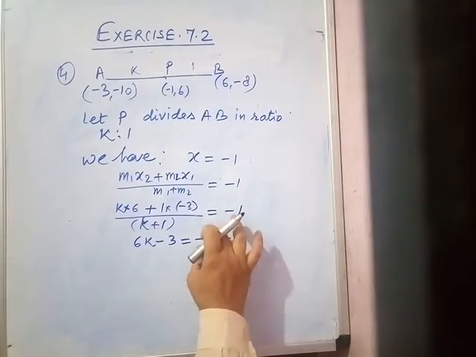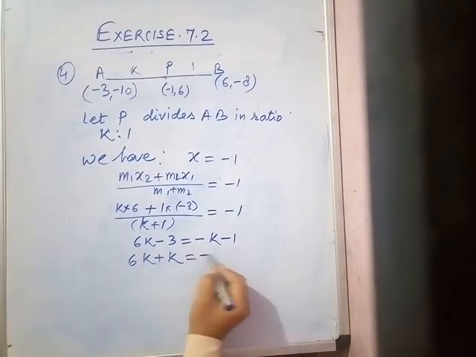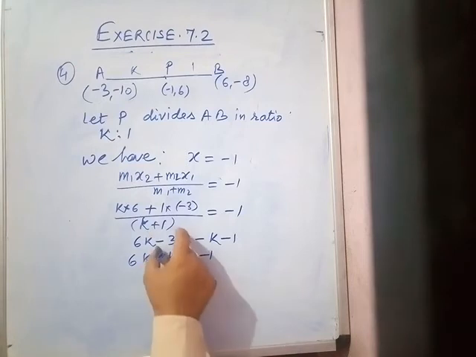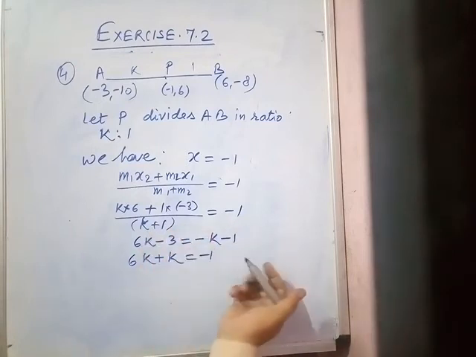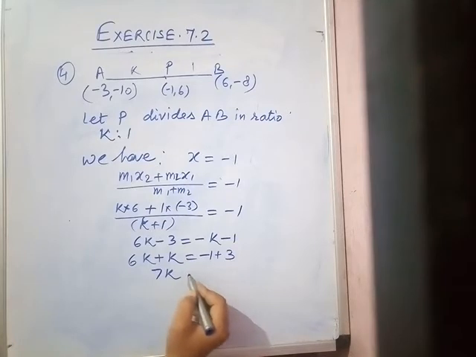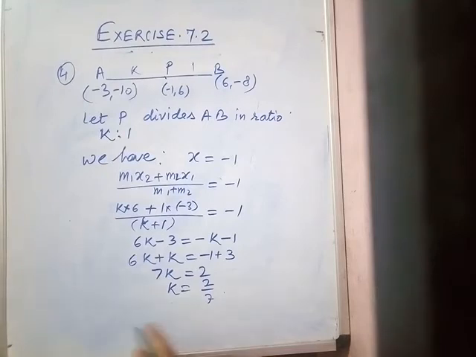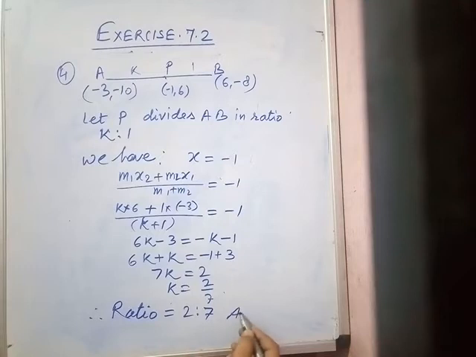Now transpose this negative k to the LHS, so we get 6k plus k, and minus 3 transposes to the RHS and becomes positive 3, so it is 7k equal to 3 minus 1, that is 2, so k equal to 2/7. Therefore the required ratio is 2:7, which is the required answer of this question.